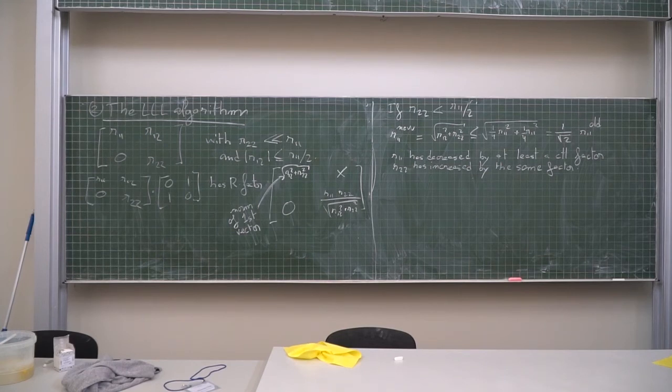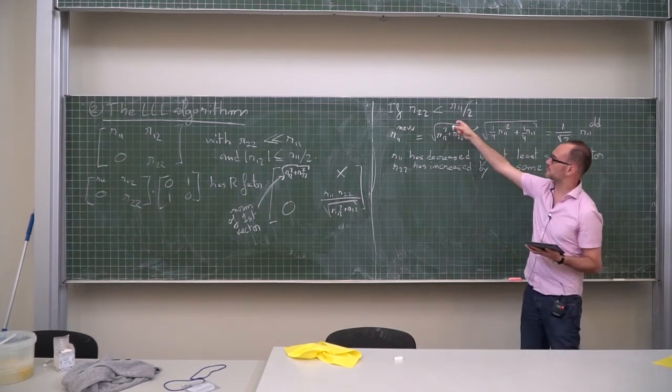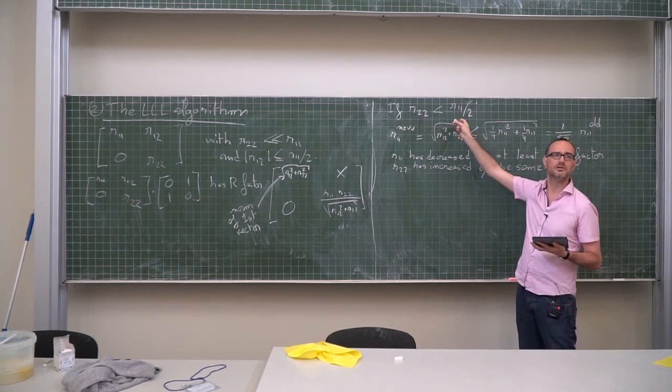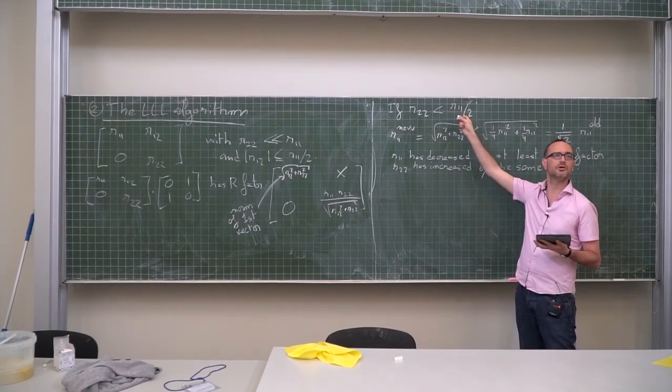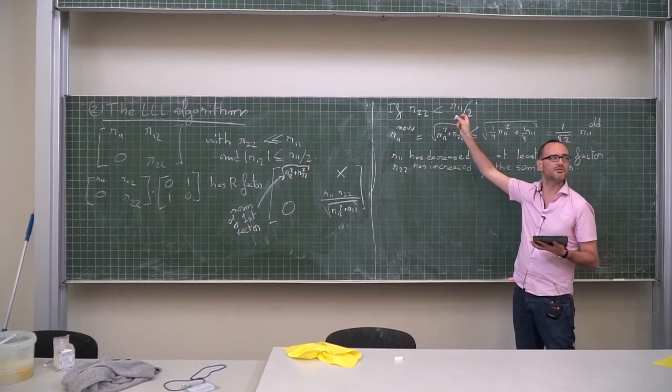So if I want to keep going, I can repeat these things and make them more and more balanced. And at some stage, this assumption is not satisfied. And if this assumption is not satisfied, that means that R22 is not too small compared to R11. So that means they don't decrease too fast anymore.